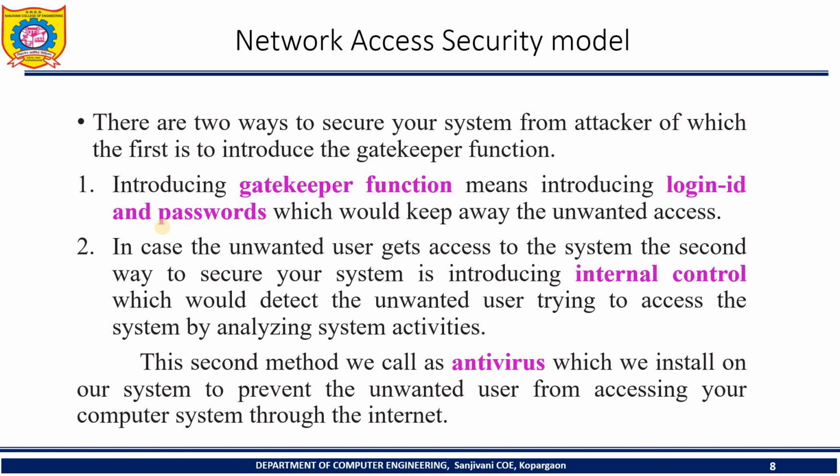The second is that if any unauthorized user gets access to your system, there should be a second level of control, an internal control mechanism, which can analyze the system activities and detect which people are accessing the system and which of them are unauthorized. Through these two ways we can somewhat secure our system from the attackers.